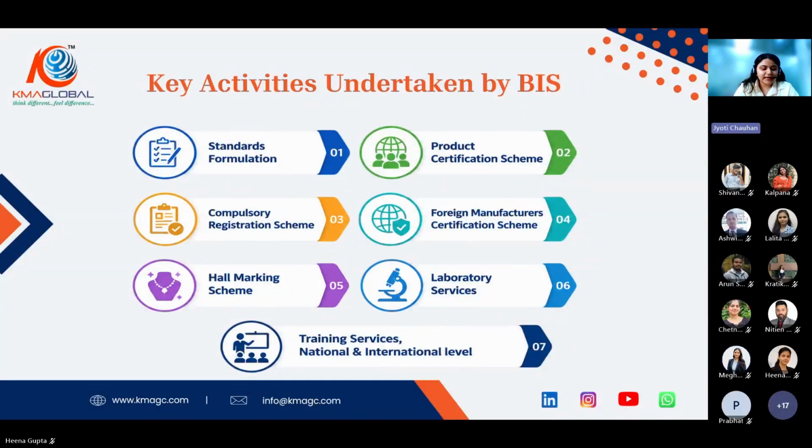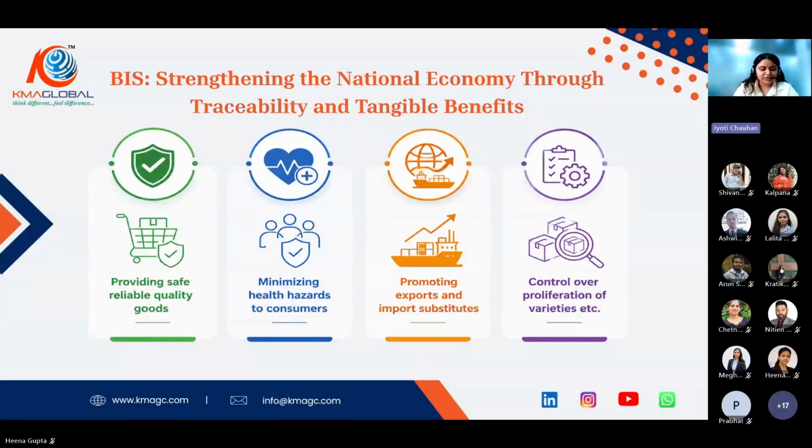So, moving on, now you might think and ask, why is BIS certificate so important? Because it benefits everyone. For consumers, it means safer and more reliable products. For manufacturers, it enhances credibility, builds customer confidence and improves market acceptance. And for the country, it promotes quality manufacturing and supports industrial growth.